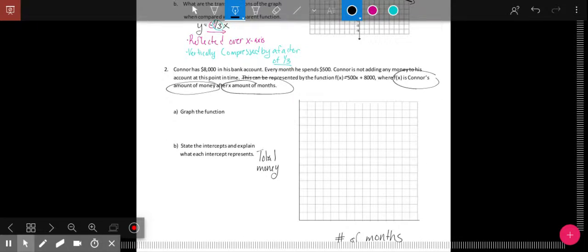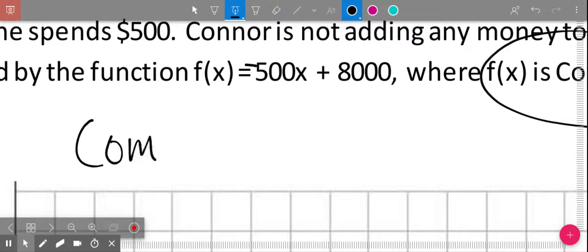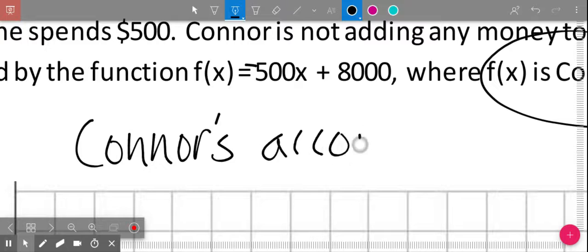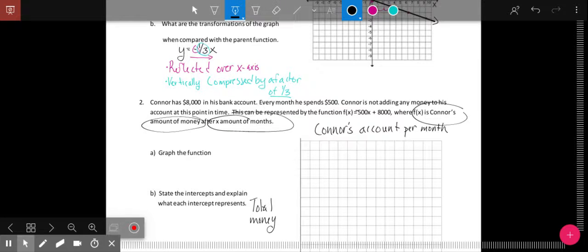Now we do have to have a title. So we're going to say Connor's account, or we can say per month. All right, so we've got our labels.